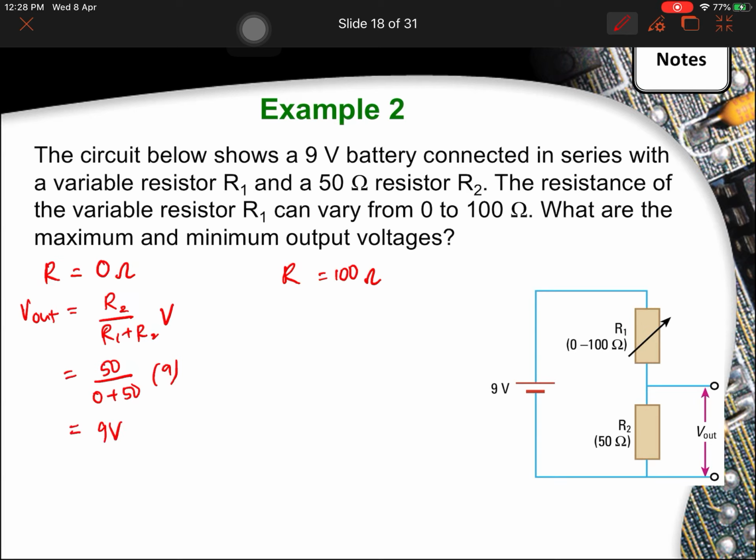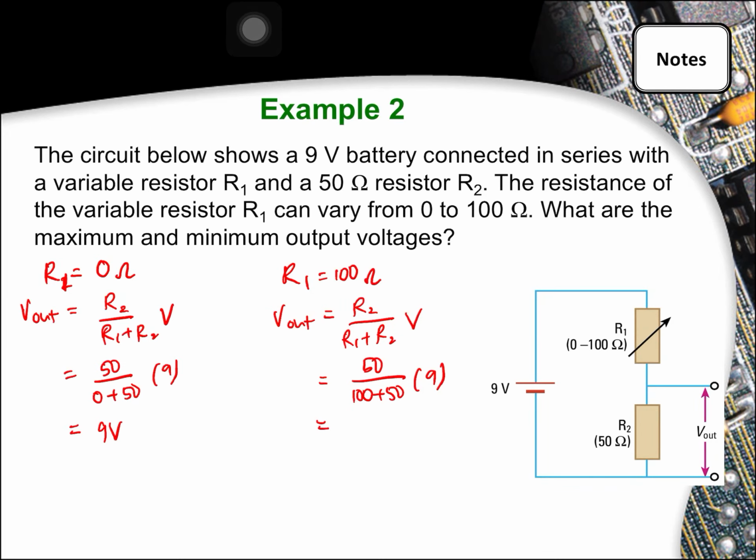So when R1 is 100 ohms, V out equals R2 over R1 plus R2 times total V. R2 is 50, R1 is 100, plus 50, times 9. What do you get?